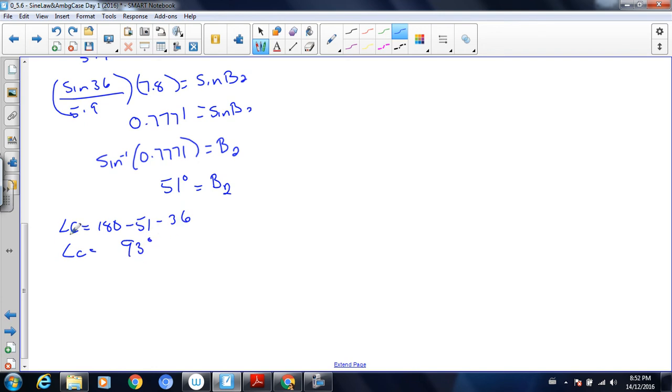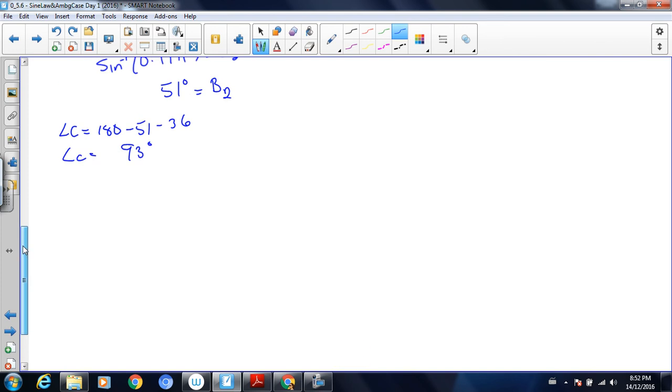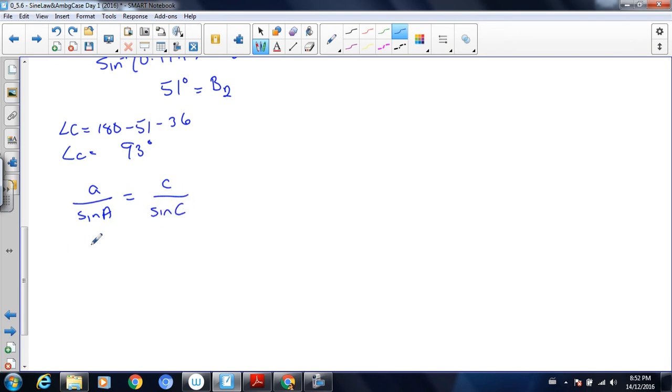So now that angle C is 93 degrees, we can go ahead and set up a ratio to solve for side C. A over sine of angle A is equal to C over sine of angle C. A was 5.9 over sine of 36, which is equal to C over sine of 93.